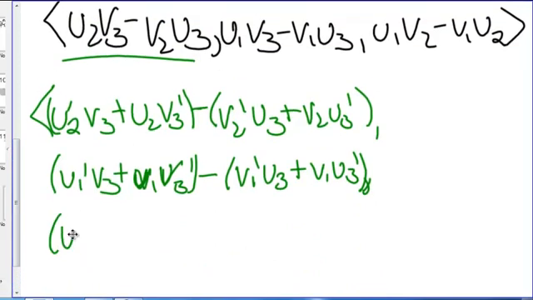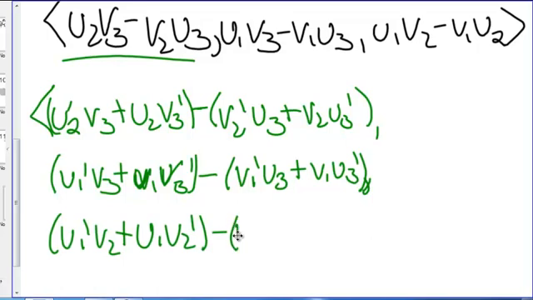And then we have u1 prime v2 plus u1 v2 prime minus the quantity v1 prime u2 plus v1 u2 prime.